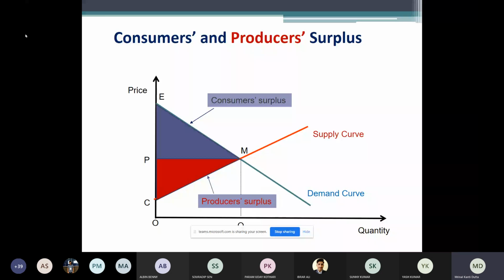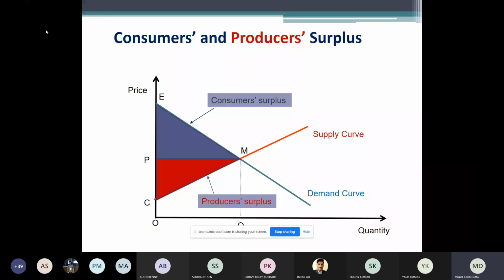Now, what happens? Suppose the quantity decided by the market is OQ. And suppose the quantity has to be reduced for enhancing the societal welfare at large, because the fishermen community will be affected when the output is more. So then what will happen? The OQ amount will be reduced. It might come down towards the left-hand side, it might become OQ1 or something like that.